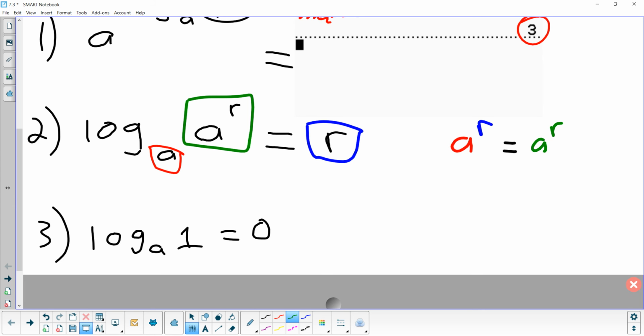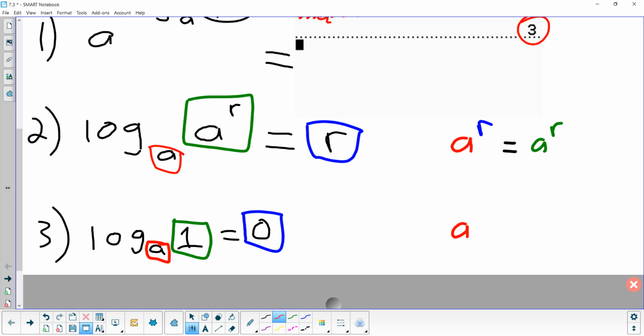All right. Let's look at this one and see why this one's true. How about Colby? Is this an equation in log form or exponential? Log. It is log form again. We've got that, we've got that, and we've got that. Jacob, what's my base here? A. Yep. This time there's only one A, so there's no confusion which one he's talking about. It's the one in the red box.